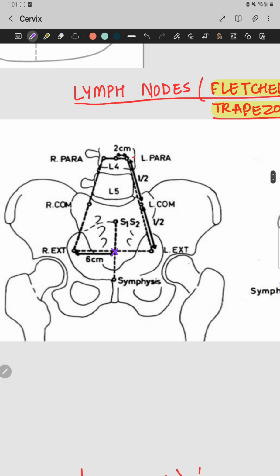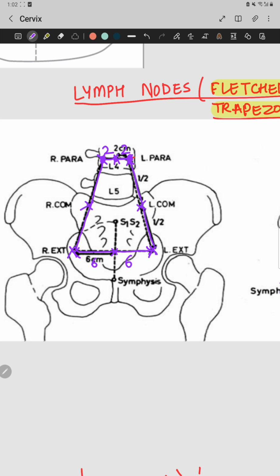At this point you have to come 6 centimeters each side, mark that point, and at the body of the L4, 2 centimeters from the midline on each side, again mark those, and connect these two marks, 6 centimeters this side, 2 centimeters above, and mark the midpoint of it.